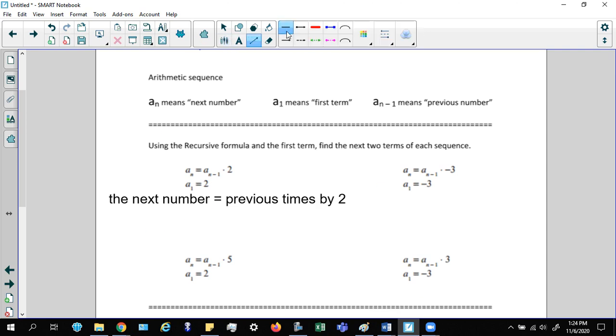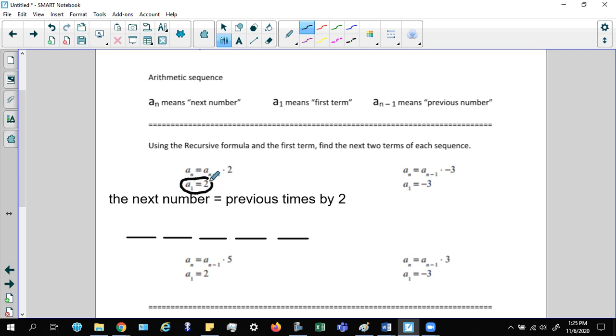I like to have blanks because a blank reminds me something's got to go in there. So first, second, third number, fourth number, fifth number of the sequence. In our directions, it says that the first number is 2, so the first number in our sequence is 2.